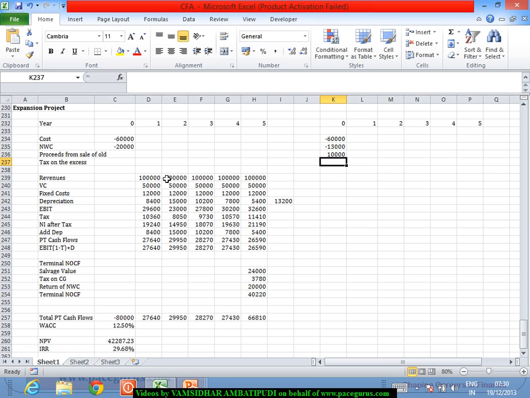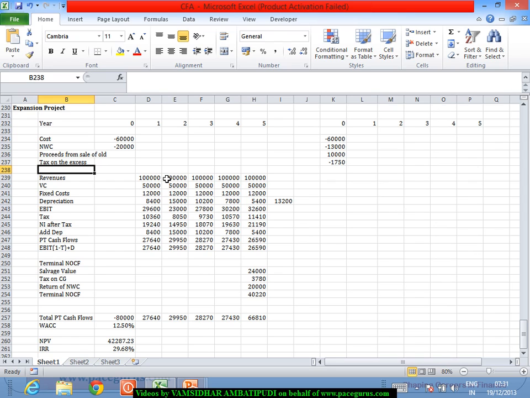So I have to get a benefit corresponding to that loss, which is nothing but the salvage value minus whatever is the book value that is existing at the end of the period, multiplied by 35%, whatever is the tax rate. So basically it's like I am getting a tax benefit instead of a tax loss.